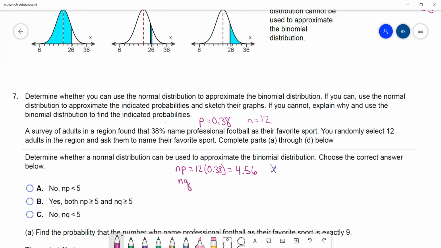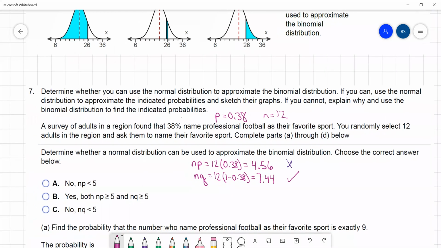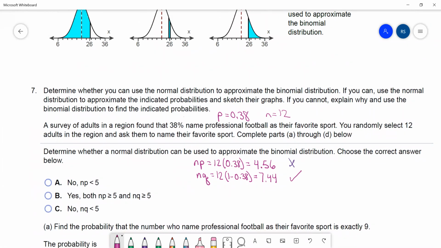N times Q. So 12 times 1 minus 0.38. I didn't feel like doing that in my head, so I'll do it in the calculator. It's going to be 7.44. So that one looks good, but our first one doesn't. So can we use the normal approximation here? No, because NP is less than 5. So A.